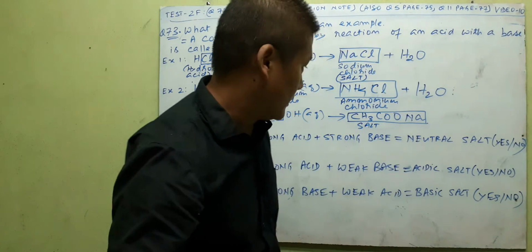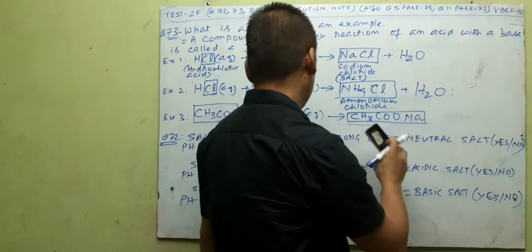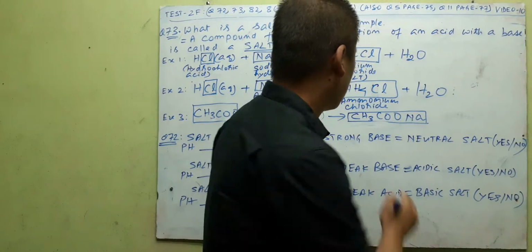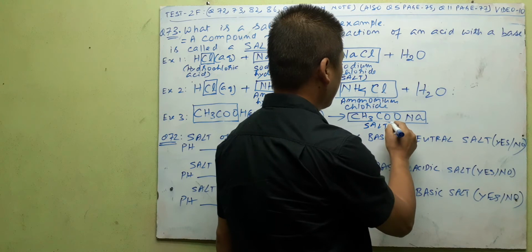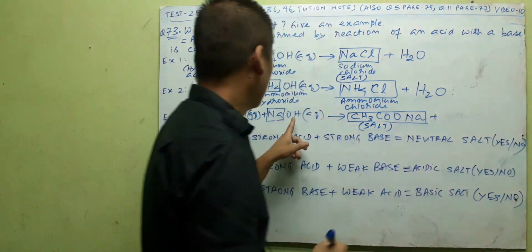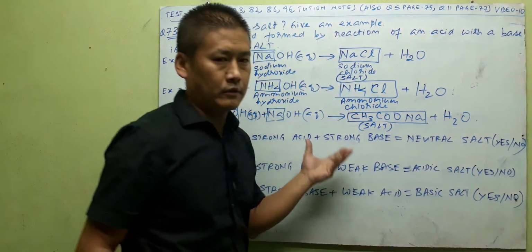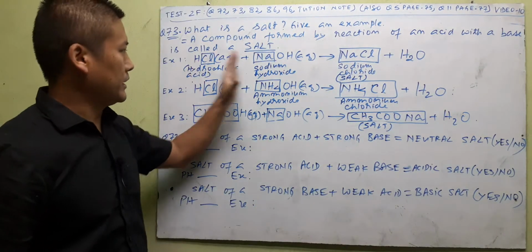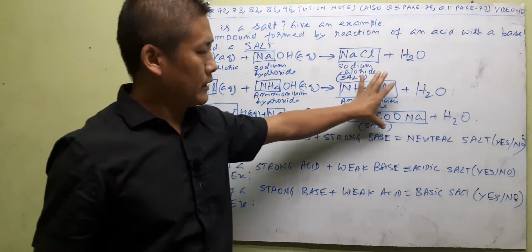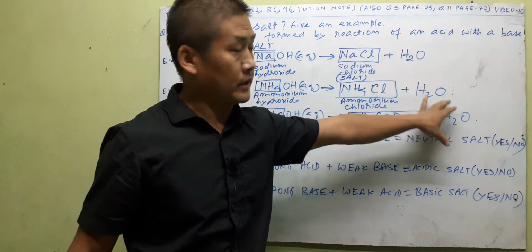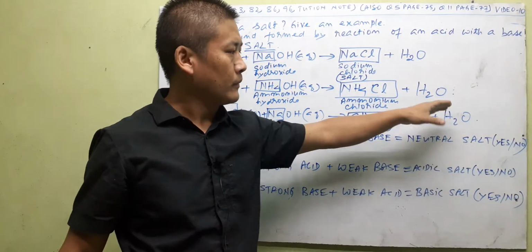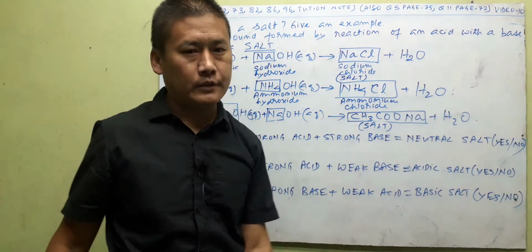Here, outside the box, OH plus H again is water. So not in all, but in the majority of acid-base reactions, we always get salt, and in most cases, we get water as a byproduct. Except in a few cases, we don't get water.